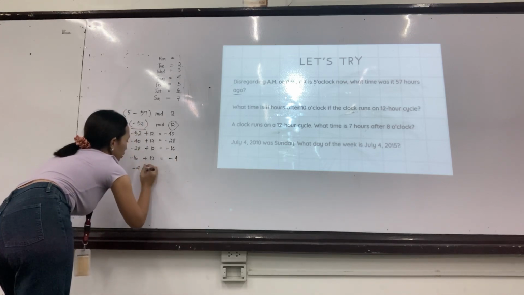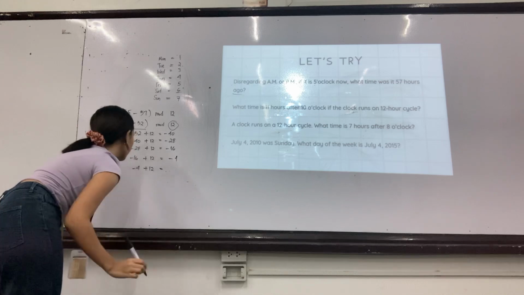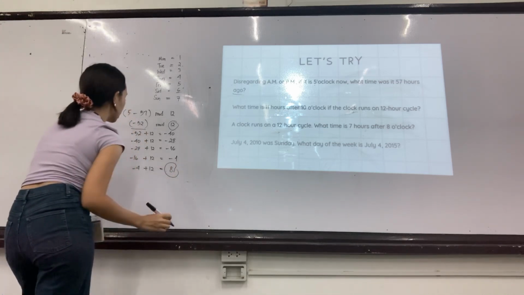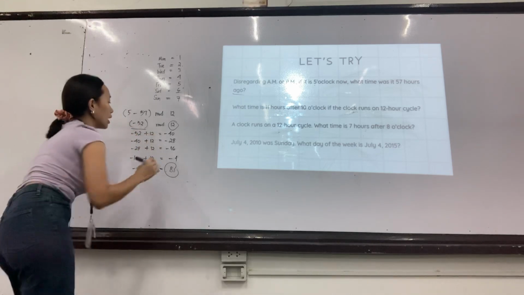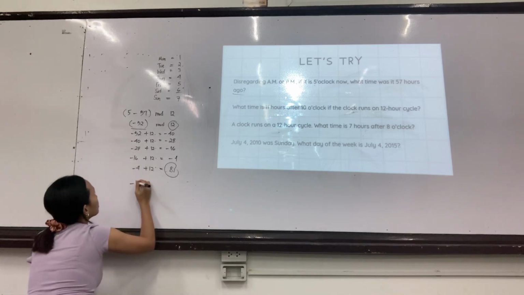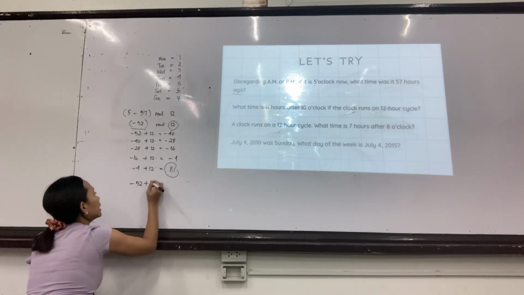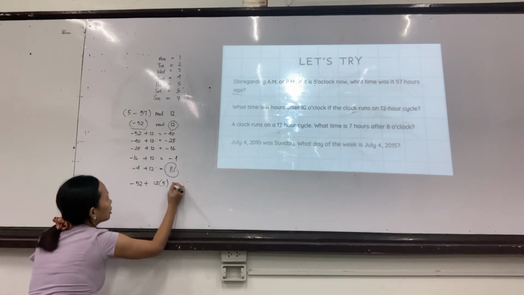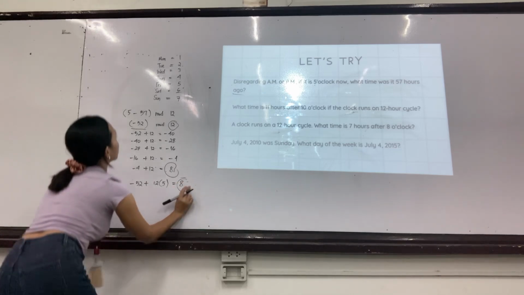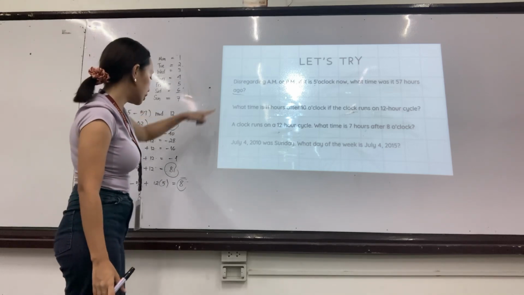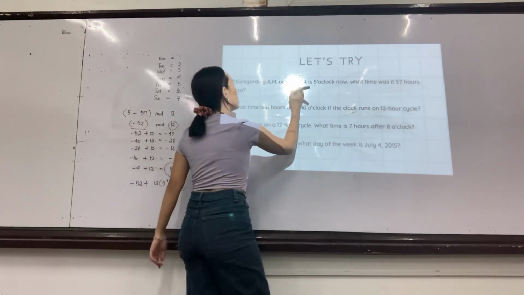And then negative 4 plus 12 is positive 8. So our answer is 8. But let's count how many 12s: 1, 2, 3, 4, 5. So we write this as negative 52 plus 12 times 5, because we used 5 twelves, is equal to 8. So our answer is 8, and since we are disregarding whether it is AM or PM, the answer is 8 o'clock. Okay?